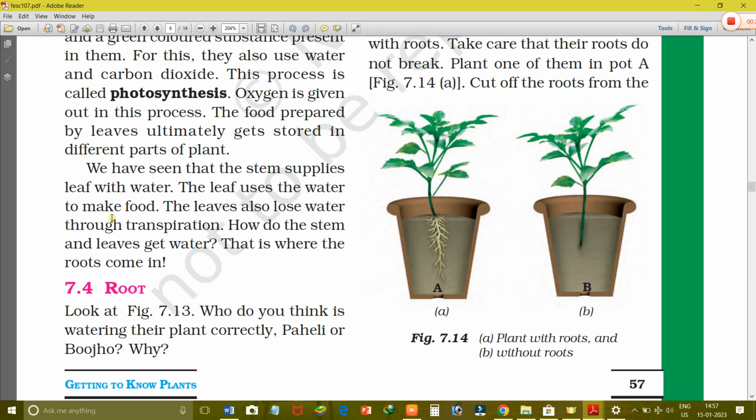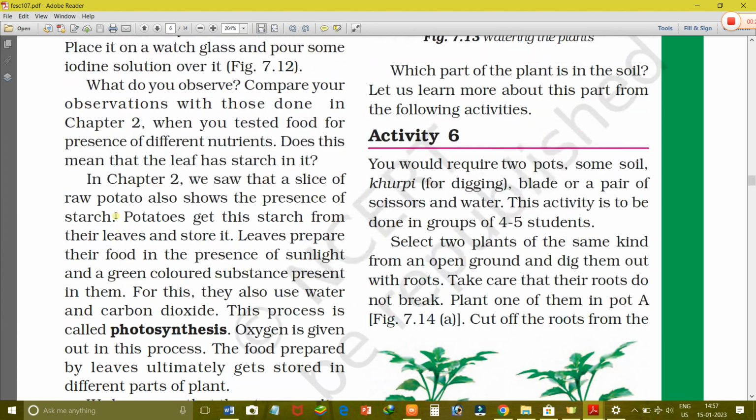That is where roots come in. Roots. Look at figure 7.3. Who do you think is watering their plant correctly, Paheli or Boojho? Why?